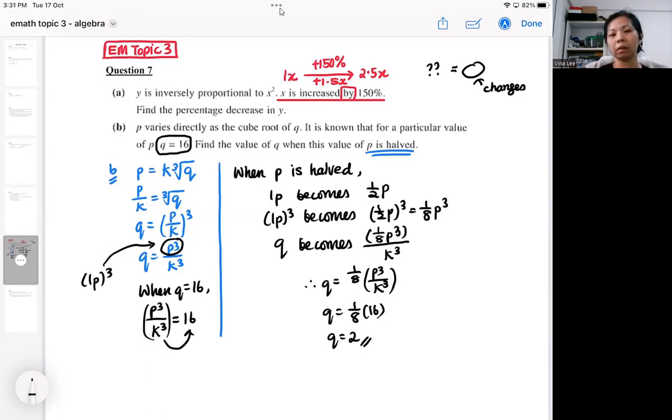That's how we standardize it. I can't remember which year, the 2020 paper one, or the 2021 paper one, or the 2022 paper one, there is a question that is very similar to this 7B. So do check it out.